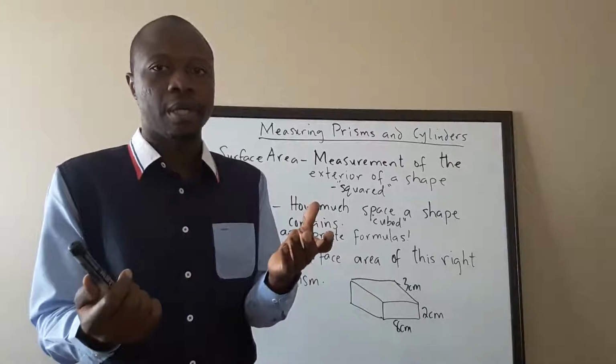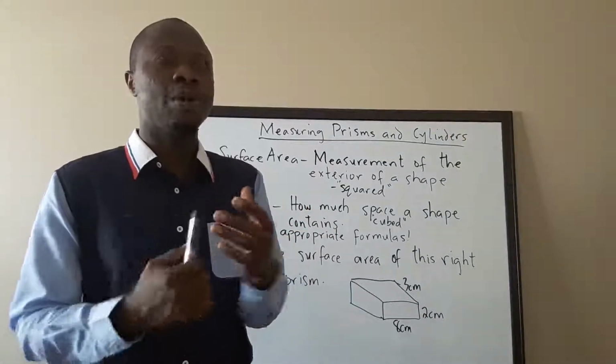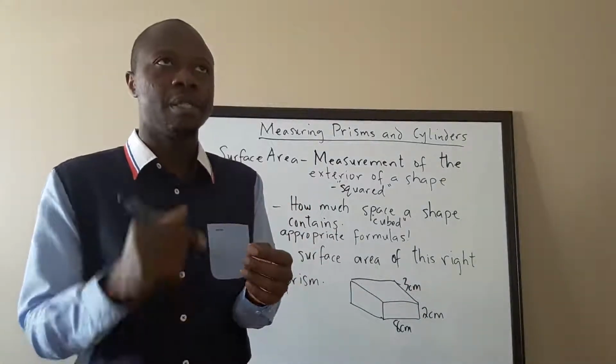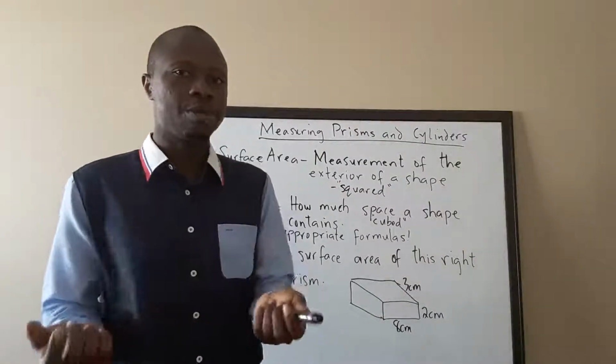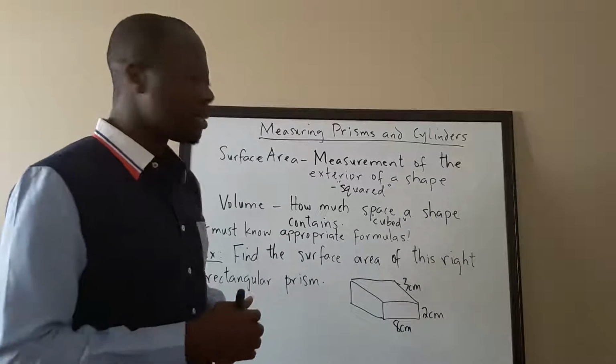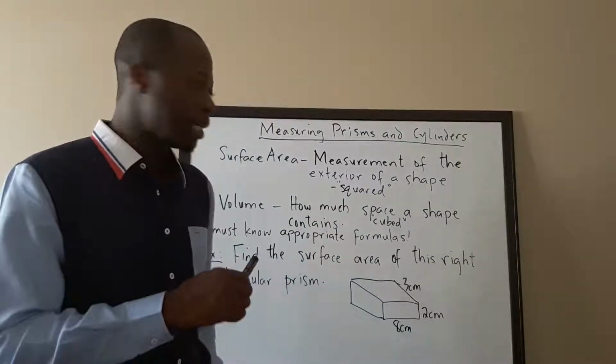So cubed means 3 times, because in math, anywhere you're cubing, that means 3 times, and anywhere you're squaring, that means 2 times. That's another very important thing that we need to know here.